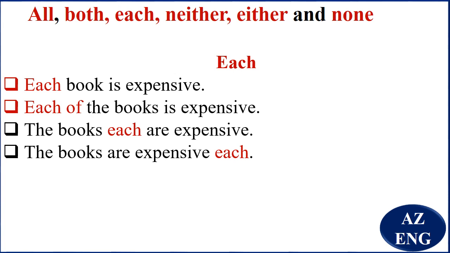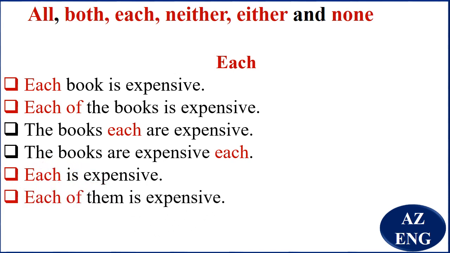Now let's use, instead of the books, the pronoun. We say each is expensive. You saw that there we said each book. So here we say each is expensive. Each of them is expensive.